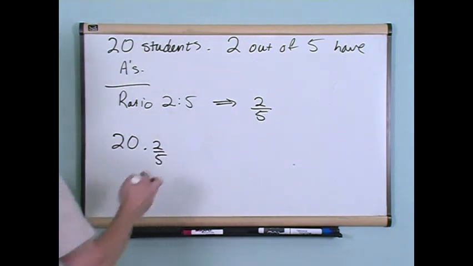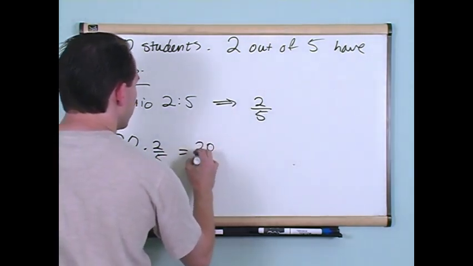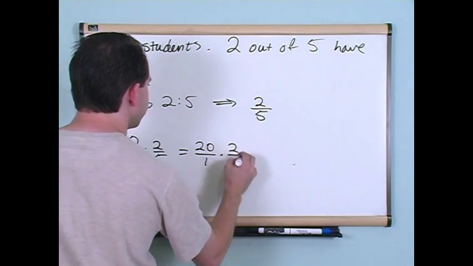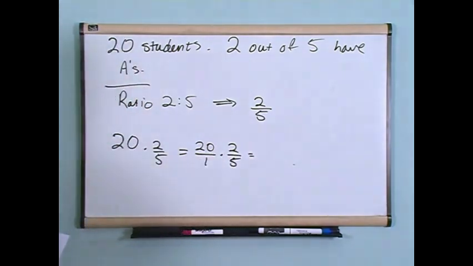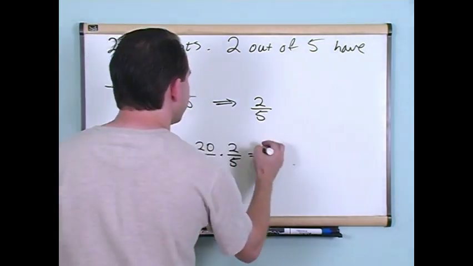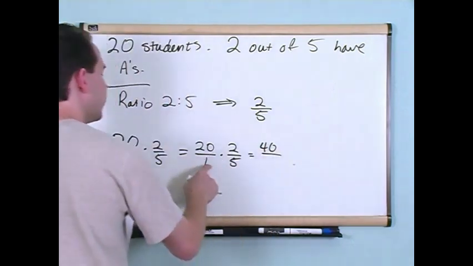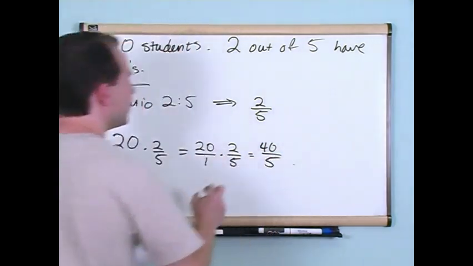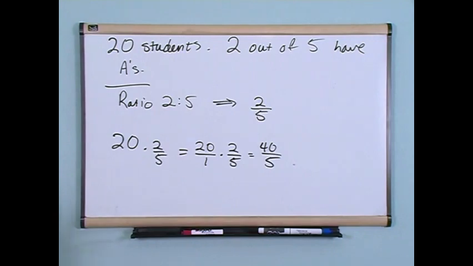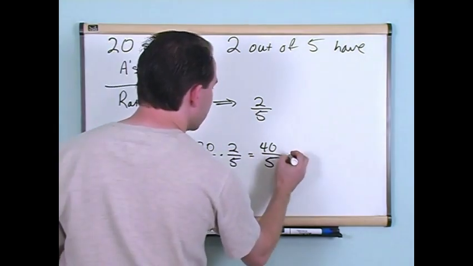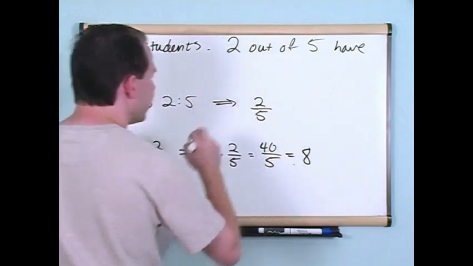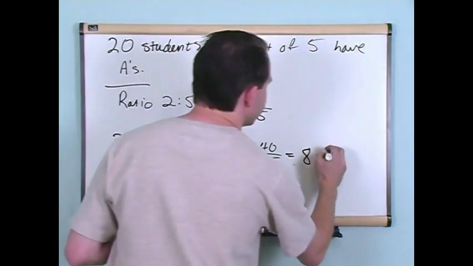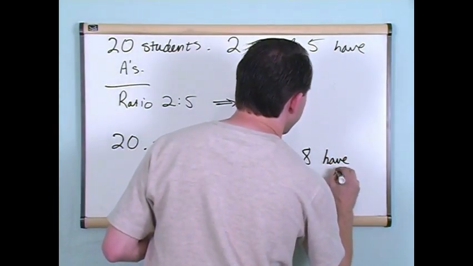Now I'm going to make this 20 over 1 in order to multiply fractions, just like before. 20 times 2 is 40, and 1 times 5 is 5. Now to simplify this, 40 divided by 5, using multiplication tables, is 8. So 8 students have A's.